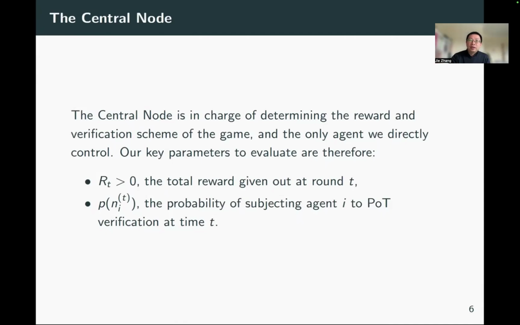We will get to that, but the general idea is that we are going to be rewarding agents based on how much data they train on, because that's proportional to the amount of work they put in. So the probability of them being verified is also going to be proportional to the amount of data they are training on.